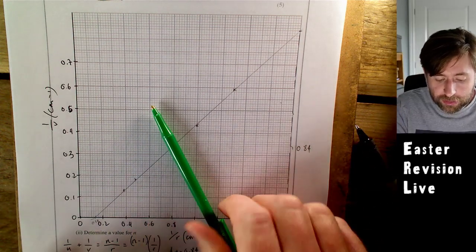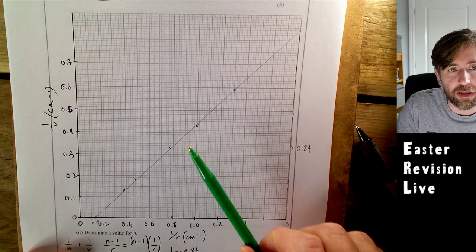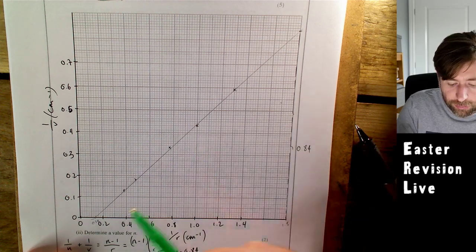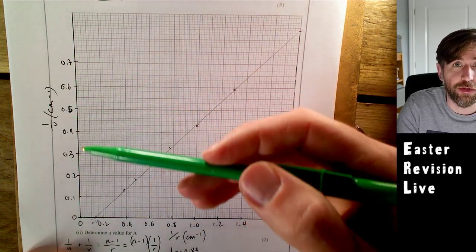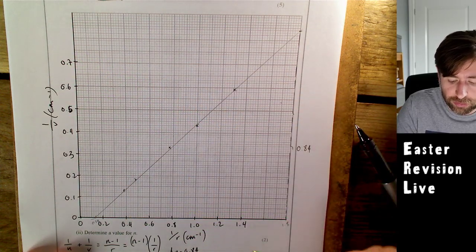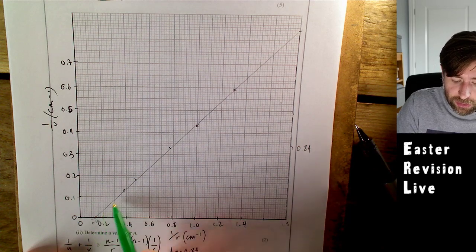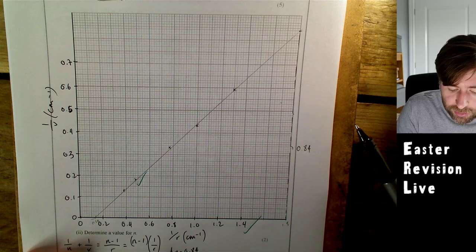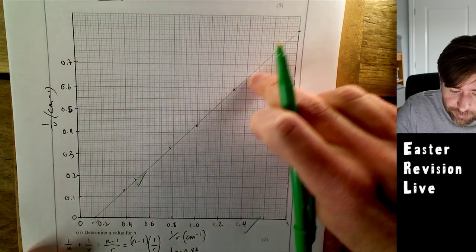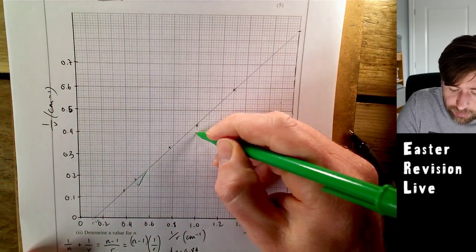Anyway, moving back to the graph, your plotting accuracy needs to be half a small square, so be really careful. The other thing about scales is never go up in 3s or 7s or anything like that, always 5s or 2s or 10s. So I've plotted all the data, and there's going to be a mark for the accuracy of the plotting as well, and then a line of best fit, and a mark for that.